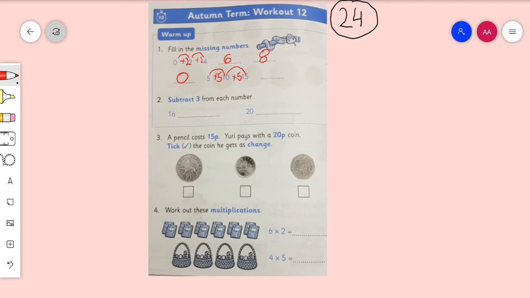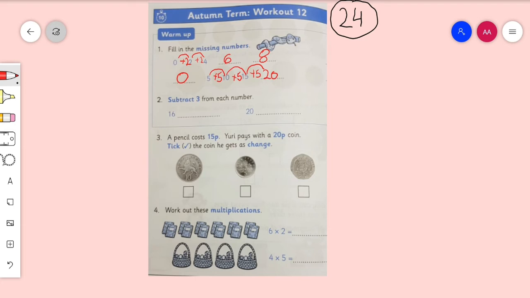And for our second missing number, 15 plus 5 is equal to 20. Now these are our 2 missing numbers we have found. Now let's do question number 2.